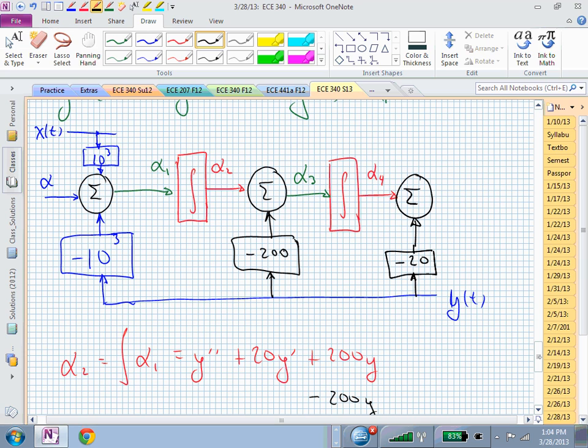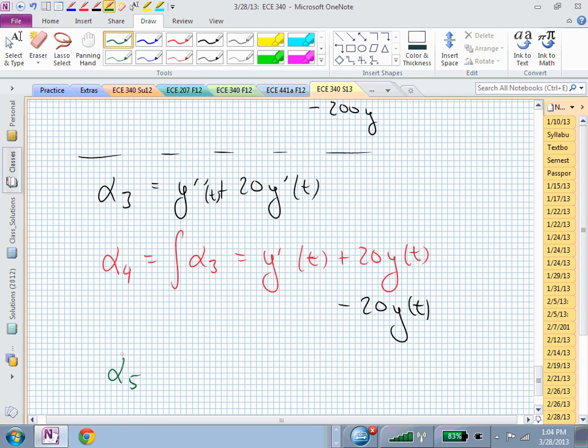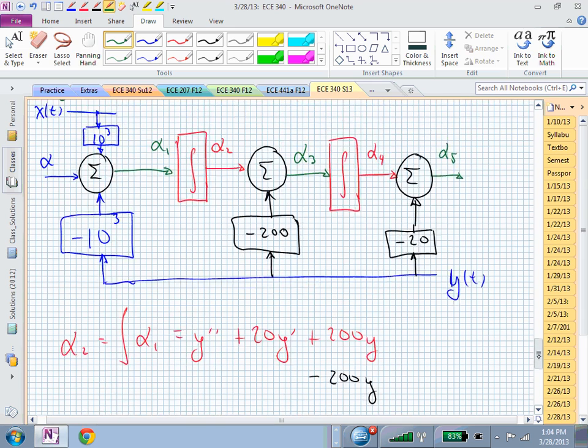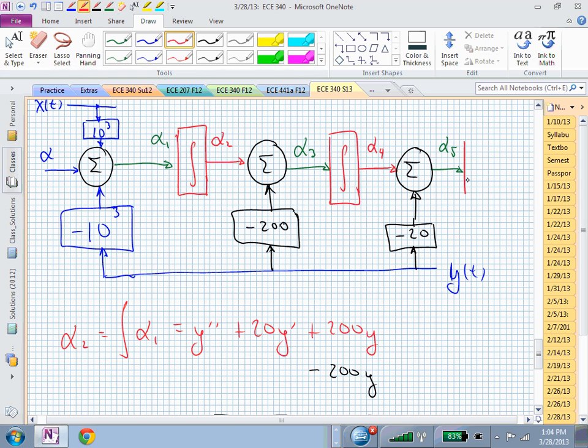And now coming out of that summing junction could be alpha sub 5, which is just y prime. And I can get y from that by integrating alpha sub 5. I can go up here and integrate this. There's y of t. That's the same as what I said was down here.